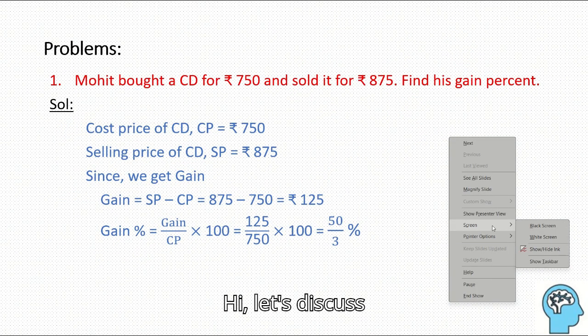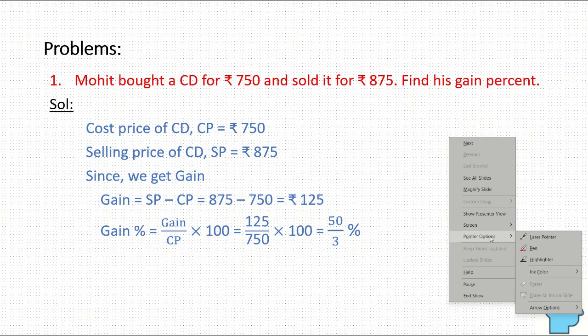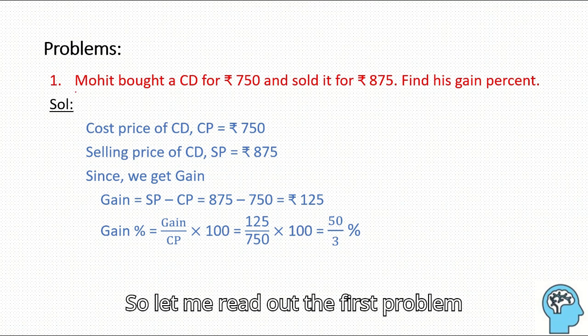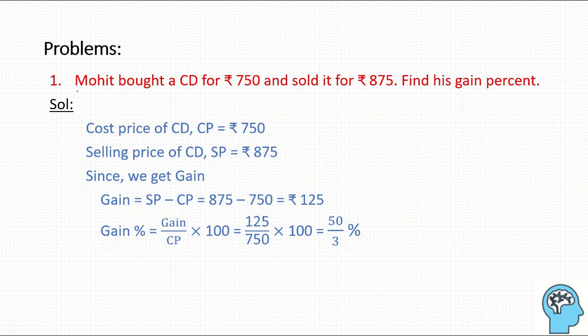Hi, let's discuss the first problem. Let me read out the first problem statement to you. Mohit bought a CD for rupees 750 and sold it for rupees 875. Find his gain percent.